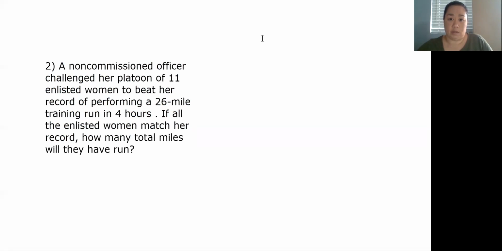So let's go ahead and note 11. That's something we need, right? You can do this on your test. Underline, circle, square numbers that you might need. So there's 11 women, okay?